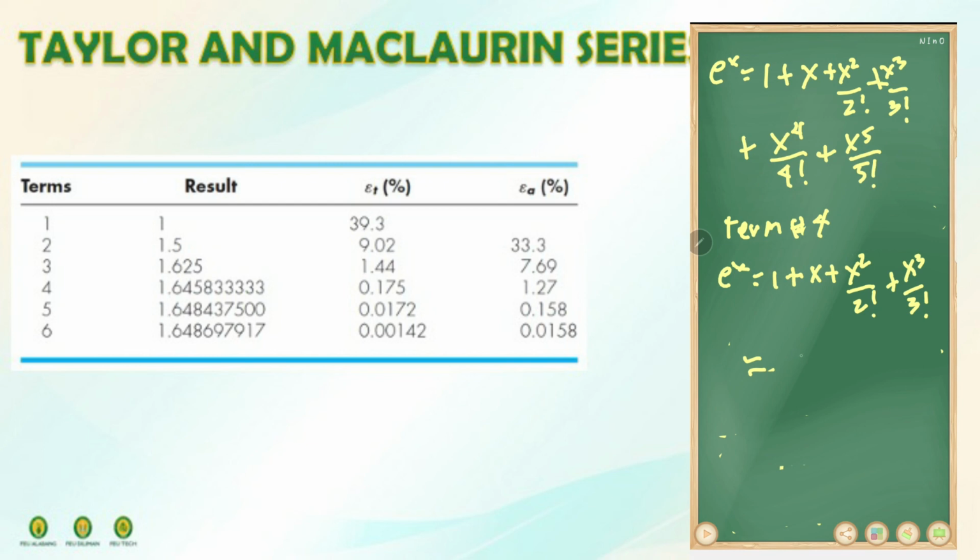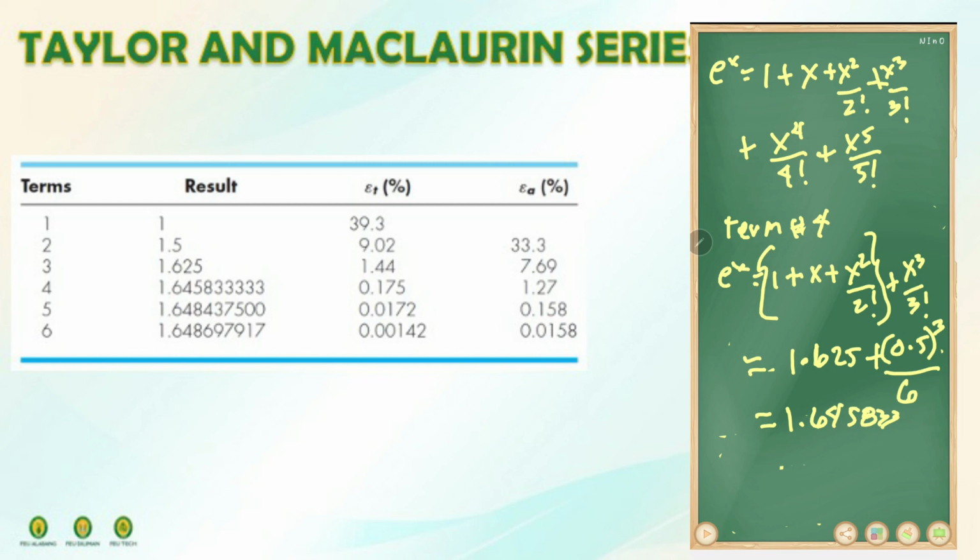As you can see, the third term from term number 3, which is 1.625, plus 0.5 quantity to the third power all over 3 times 2 times 1, which is 6. So therefore, using of course your calculator, 1.645833.